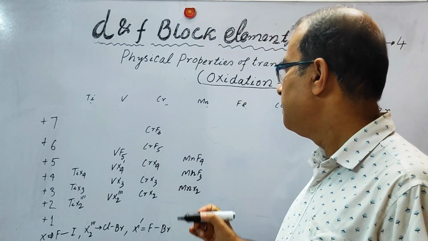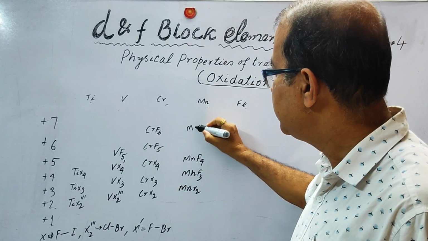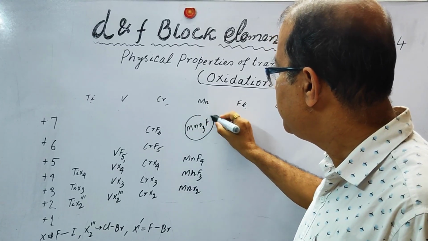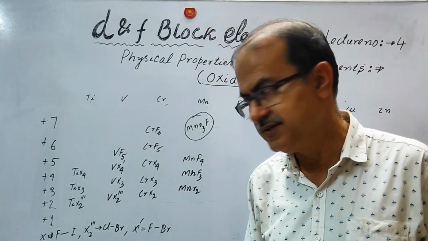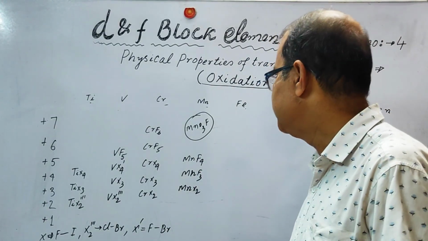Okay. But the highest can be shown in this compound, that is MnO3F. In this compound, you can see this +7 oxidation state. Normal simple halide do not show this.